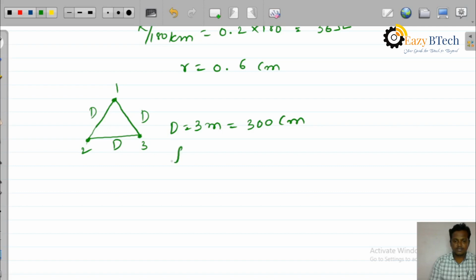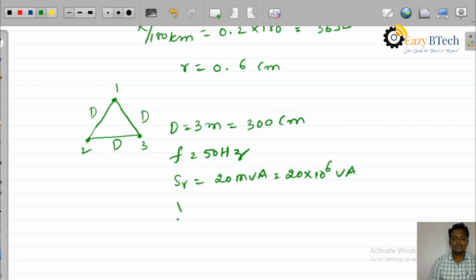The given frequency is 50 hertz, and the apparent power at the receiving end is 20 MVA or 20 into 10 power 6 VA. The receiving end voltage VR equals 110 kV or 110 into 10 power 3 volts.